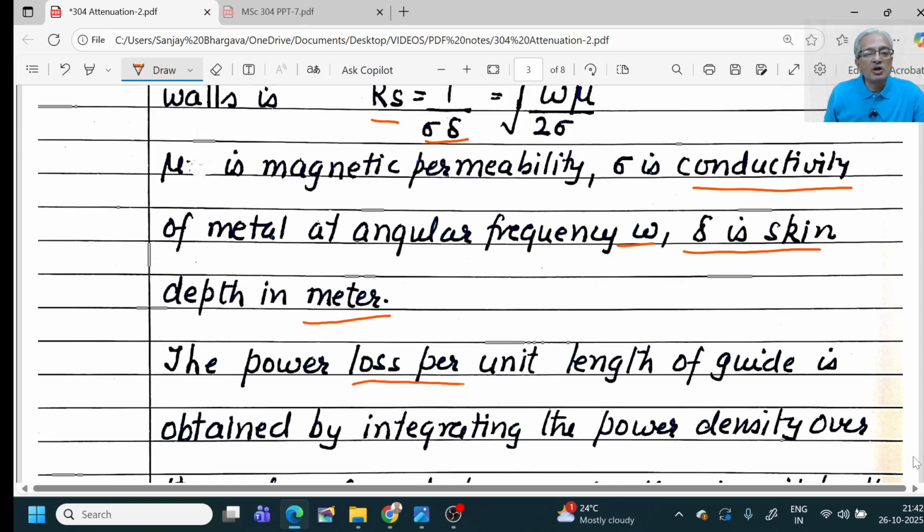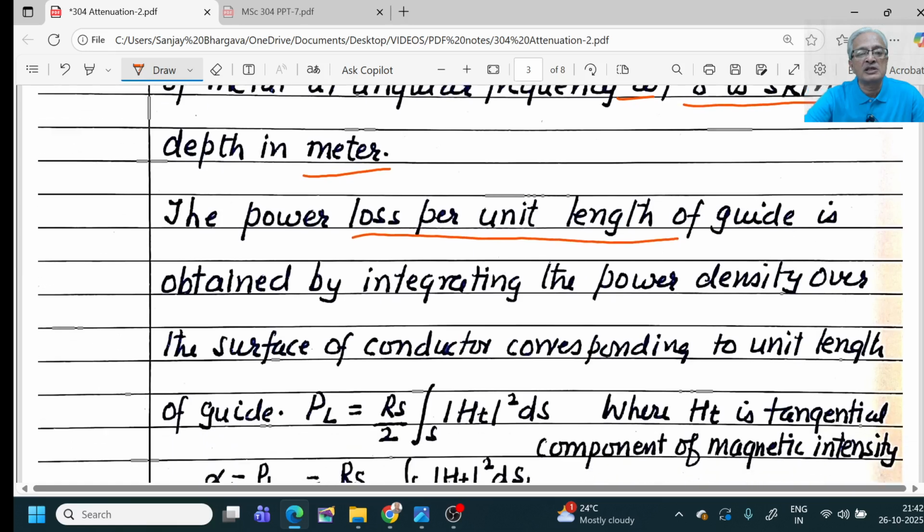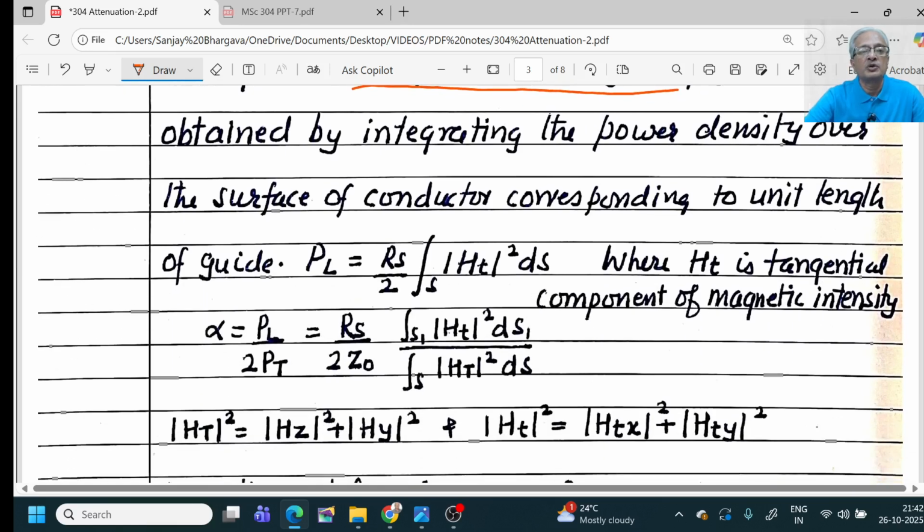The power loss per unit length of the guide is obtained by integrating the power density over the surface of the conductor corresponding to unit length. So power loss is given by Rs by 2 integral of |Ht|² ds, where Ht is the tangential component of the magnetic field. Alpha is basically given by PL upon twice PT.